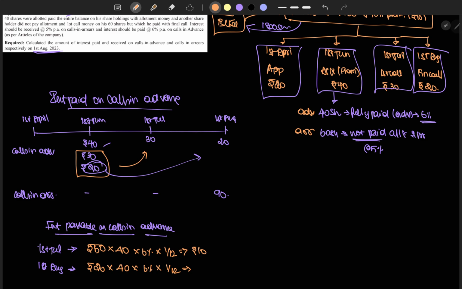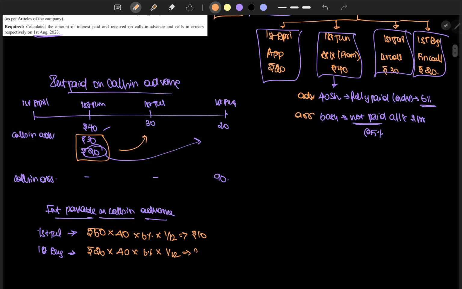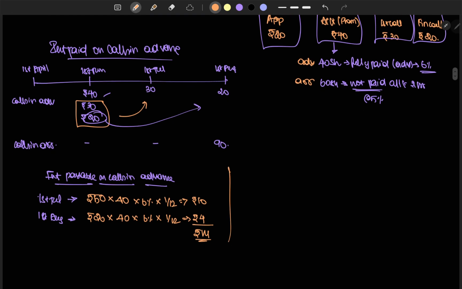That is 20 into 40 into 6 percent divided by 12, which is 4. So rupees 14 is the interest on calls in advance.